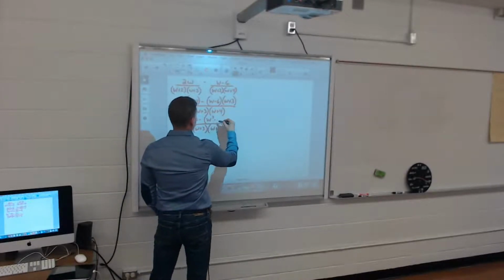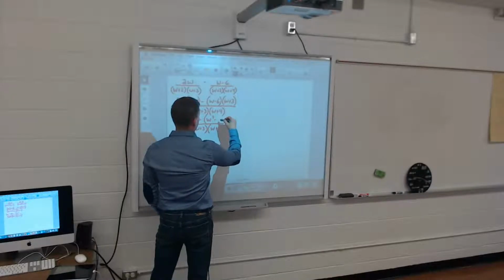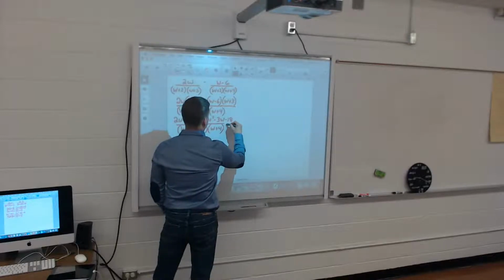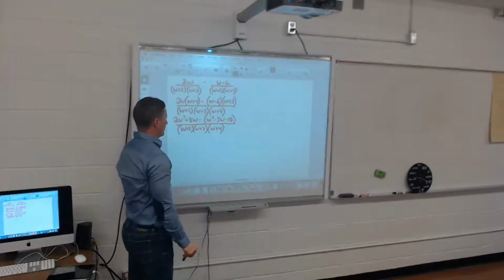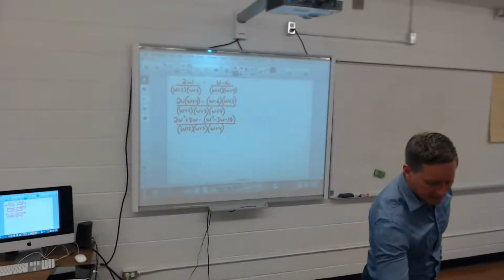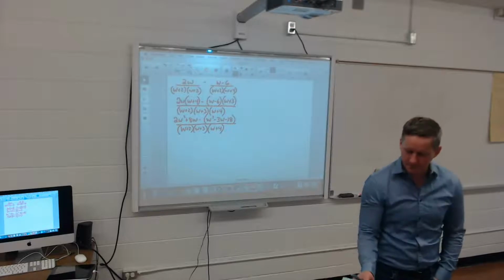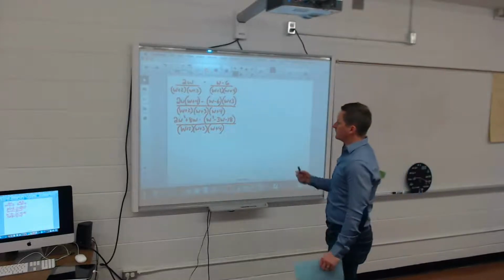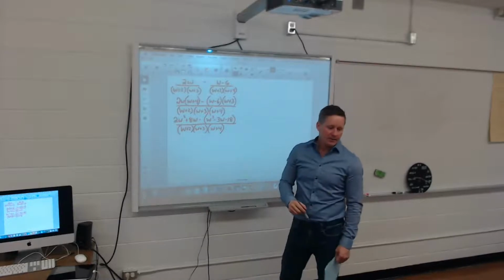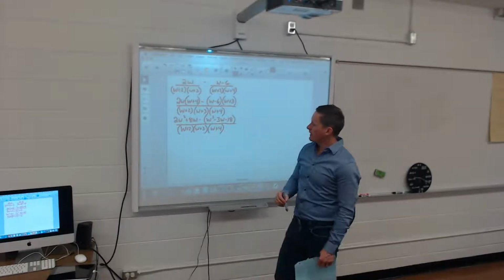That is w squared minus 6 and 3 is minus 3w minus 18. All right. So I'm at that point. I still have to get rid of one more set of brackets, and I get rid of those brackets by distributing the negative through them.